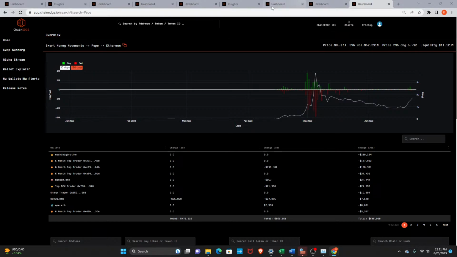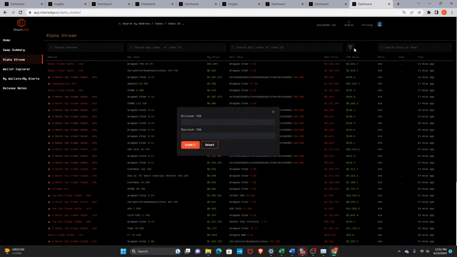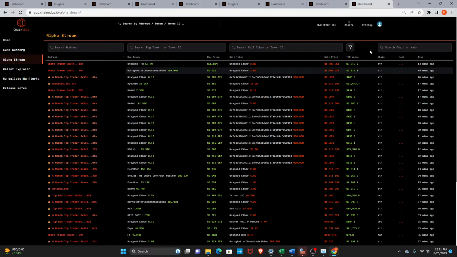And like I said, we're going to build a new launch dashboard that will look like this, except it will have the contract age, and you'll be able to filter the contract age, and then the D.Fi score.